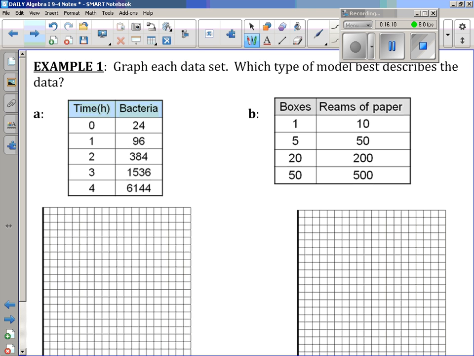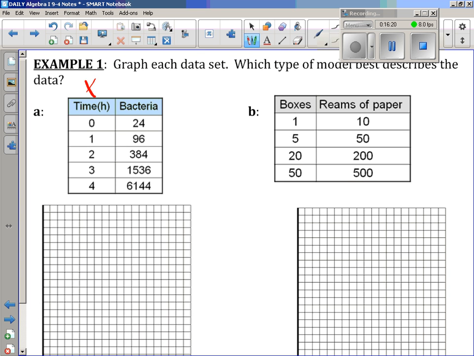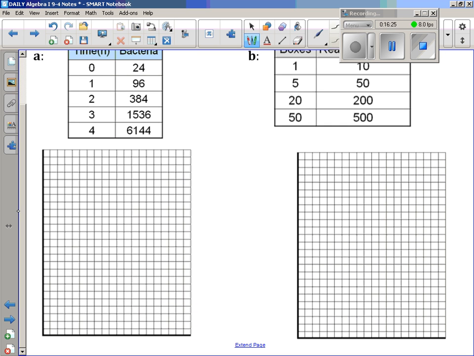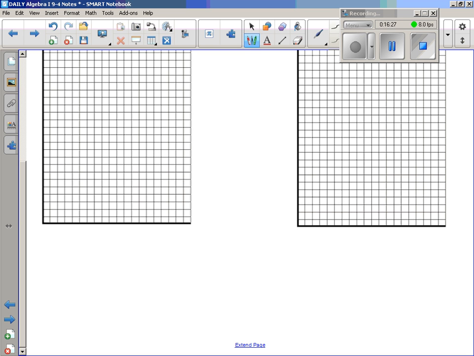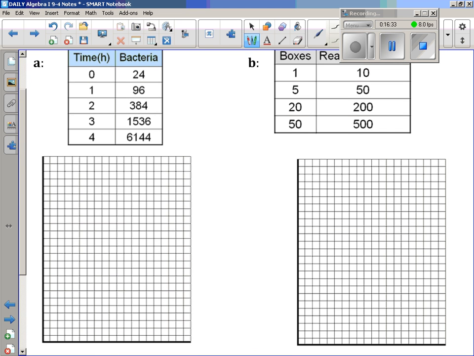So one of the things I want us to review is how to make a graph when we've got big numbers. So time is always our independent variable. So time is going to go along the bottom. Now all I have to do on time is go from 0 to 4.